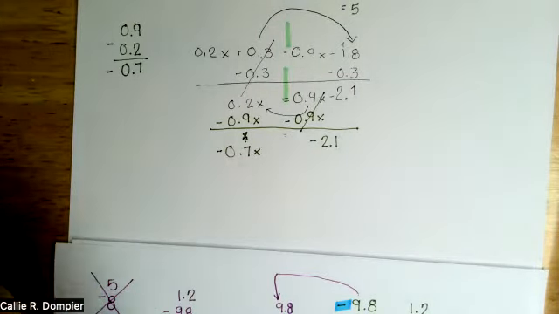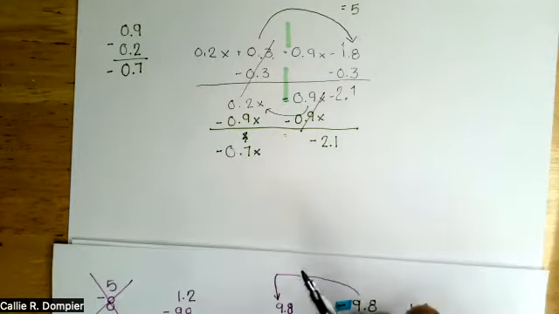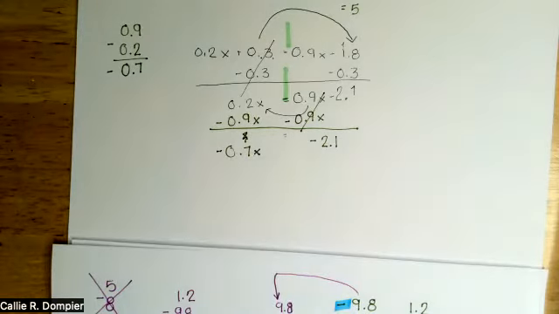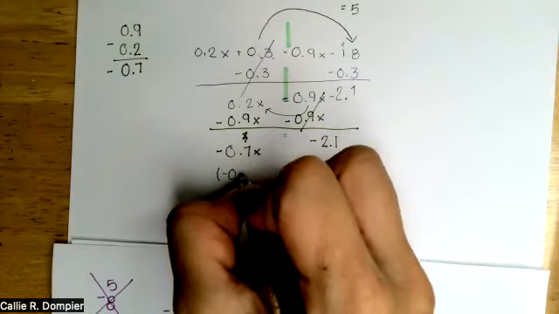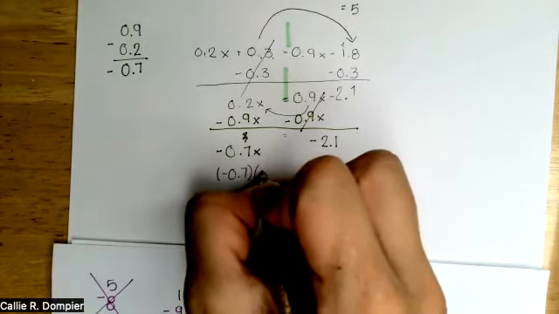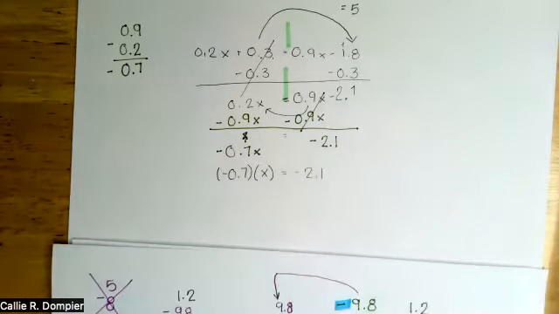Good. All right. Now I have x. I want it to be alone, but it's not alone. It's only 0.7 of an x, or the x is being multiplied by negative 0.7. How do I get rid of something being multiplied by negative 0.7?